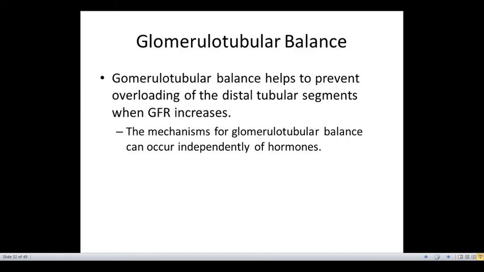Glomerulotubular balance helps to prevent overloading of the distal tubular segments when glomerular filtration rate increases. And the mechanisms for glomerulotubular balance can occur independently of the hormones.